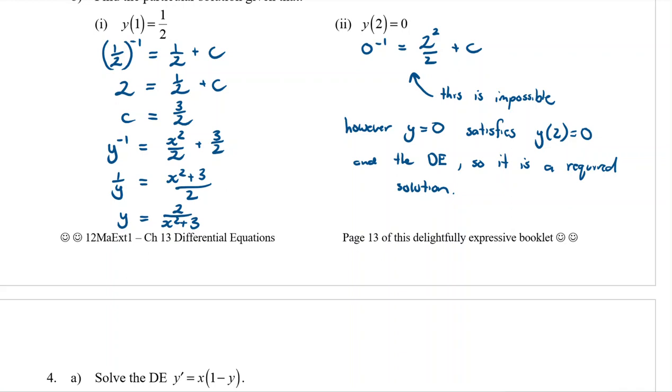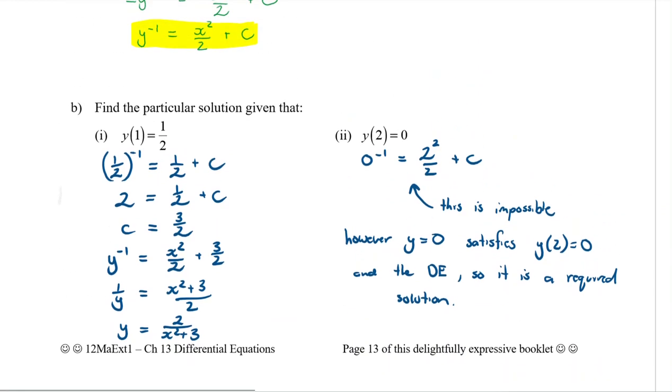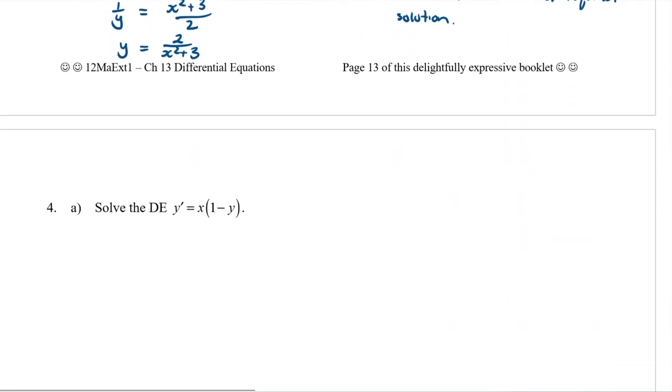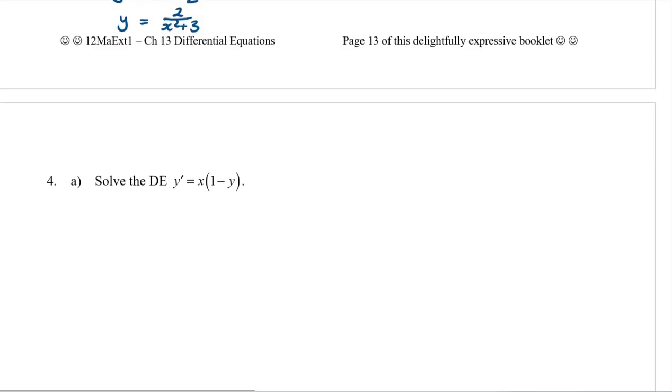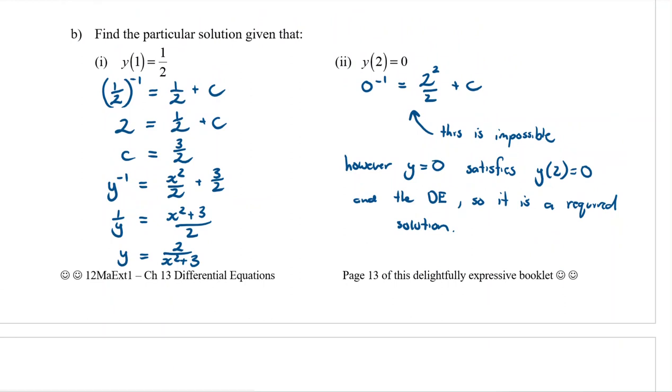So it is a required solution. There's an absolute value inside the log. Are you saying that the differential equation, the first equation that we got, works when y?